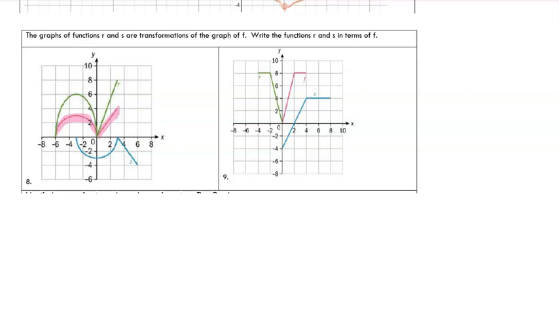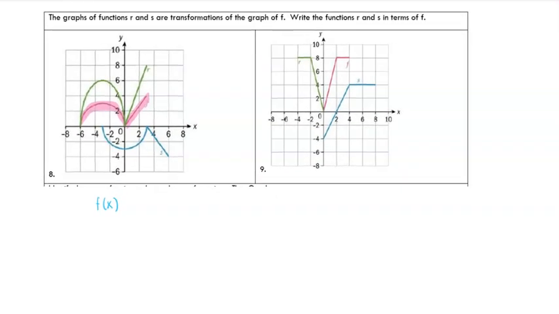So if we have f of x, and we don't have to write an equation for it, we could just transform it, and it's going to become s of x, or it's going to become r of x. And then we have to figure out what kind of things happen to it.